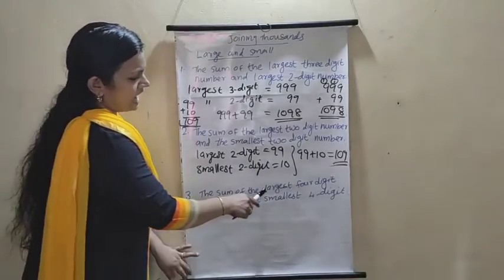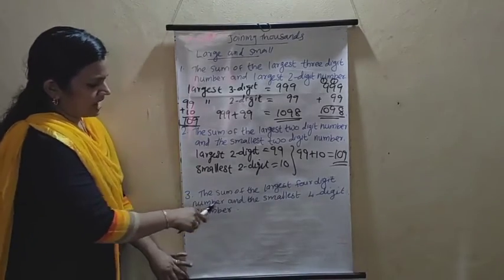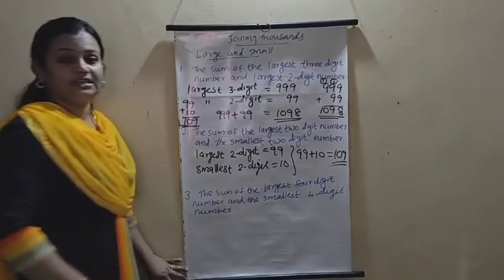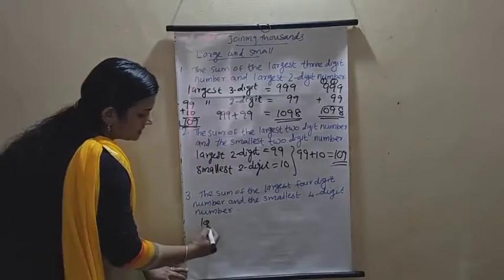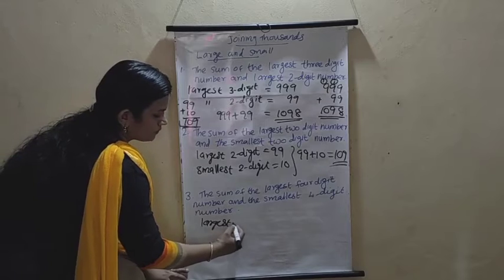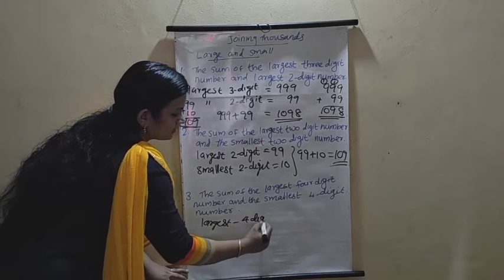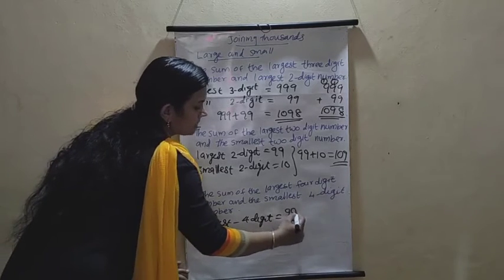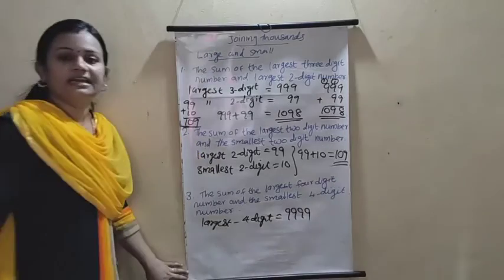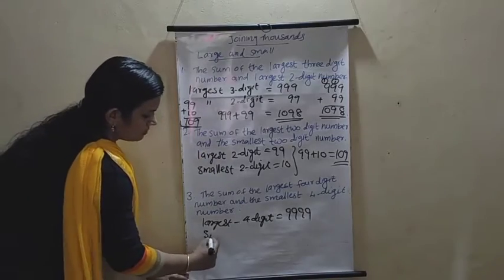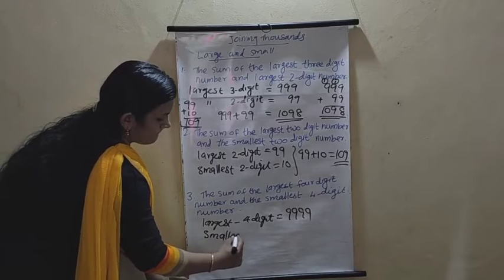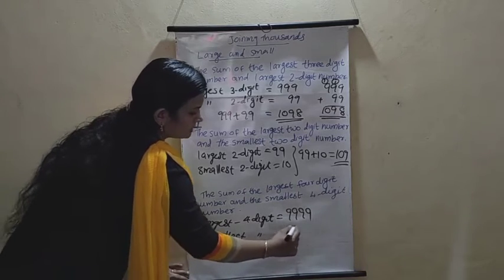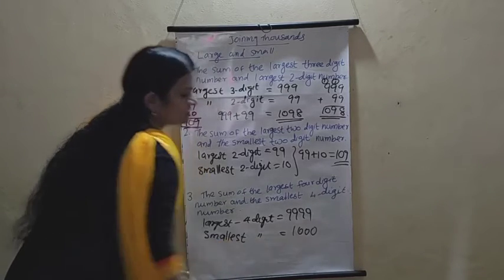Okay children. Then the third one. The sum of the largest 4-digit number and the smallest 4-digit number. The largest 4-digit is 9,999. The smallest 4-digit is 1,000.